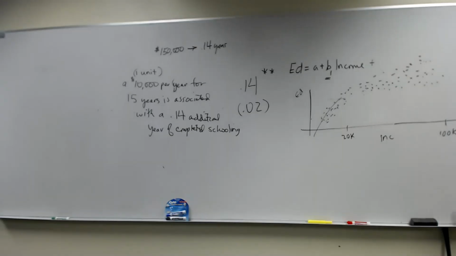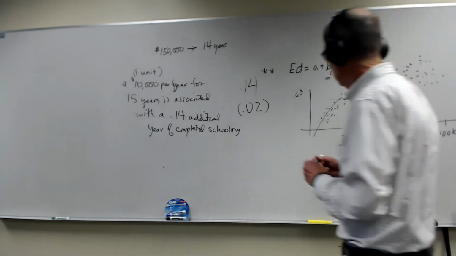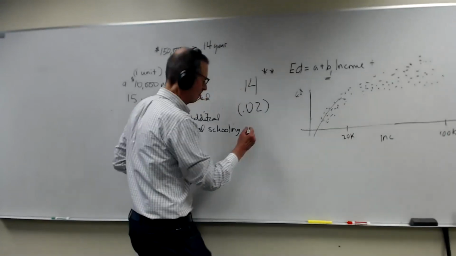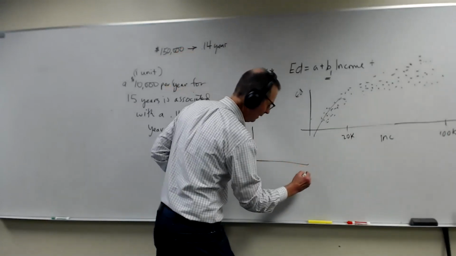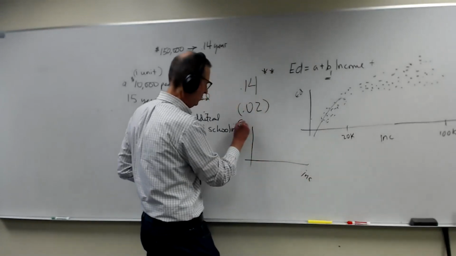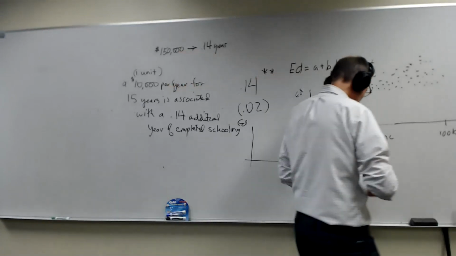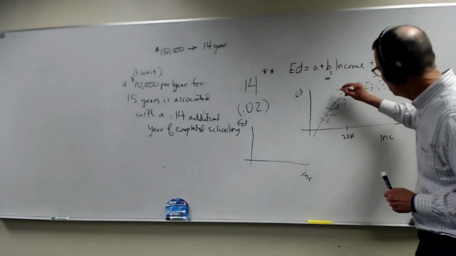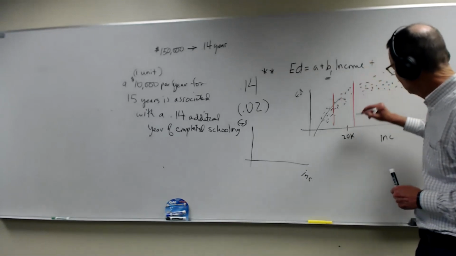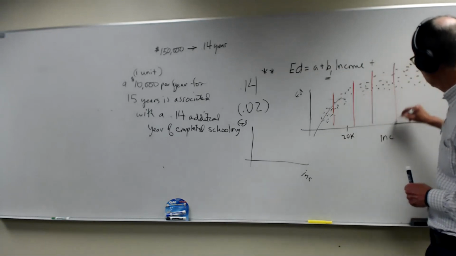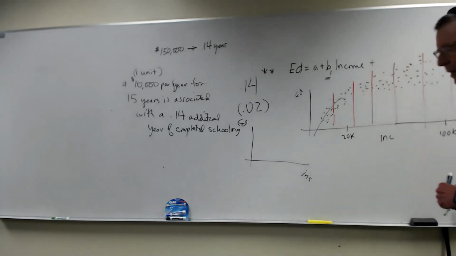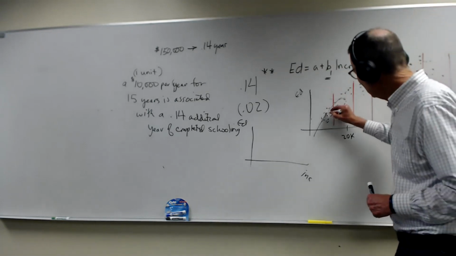And there are various ways of trying to see what the relationship really is. One nice graphical way is to have income, education, and bin your data. By binning, we mean create some bins that contain the data, and within each bin, see what the mean education level is.